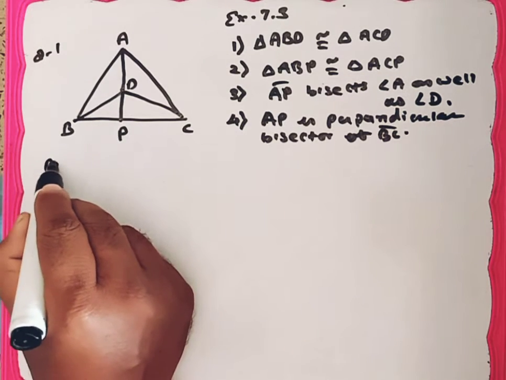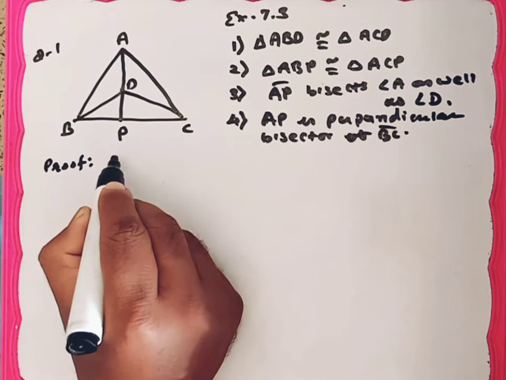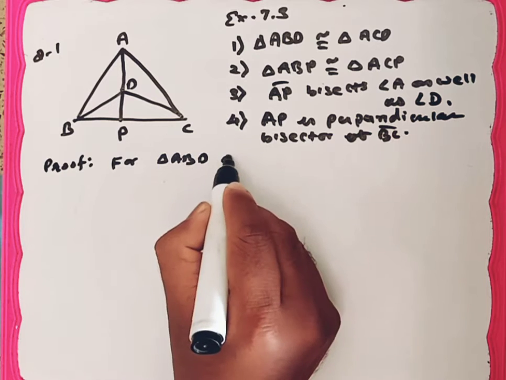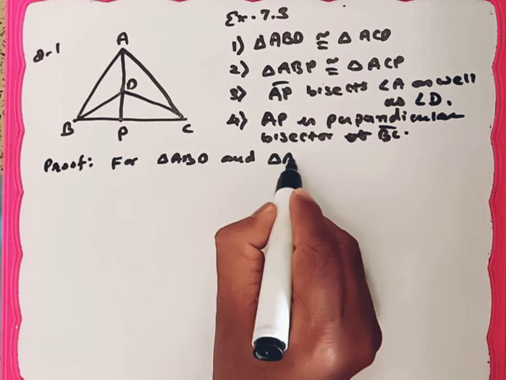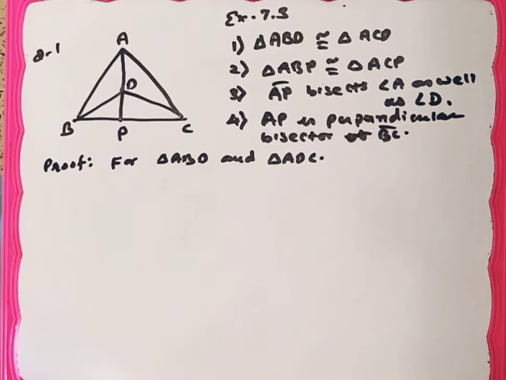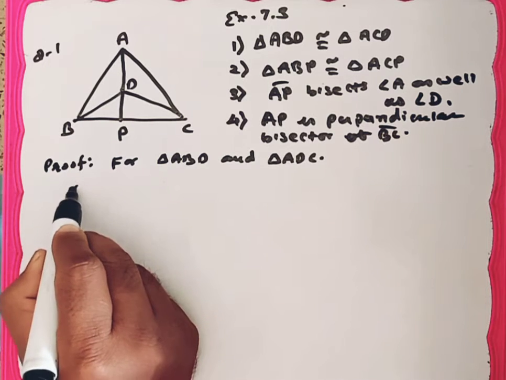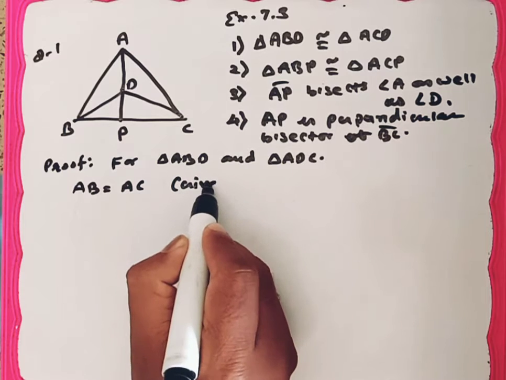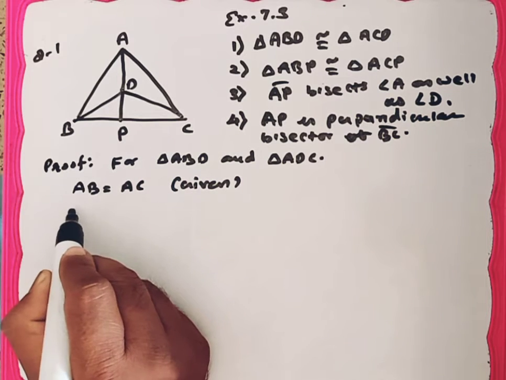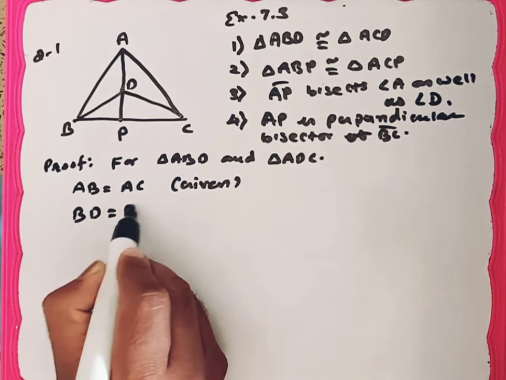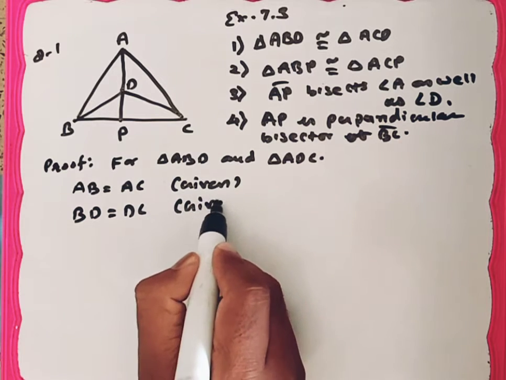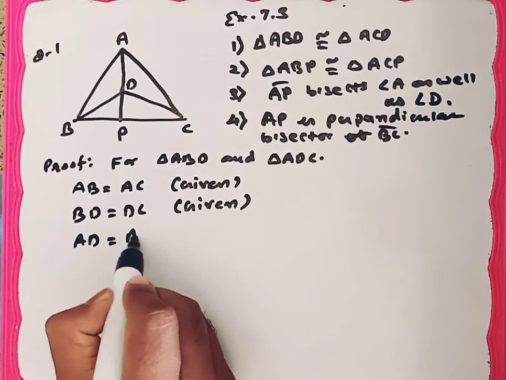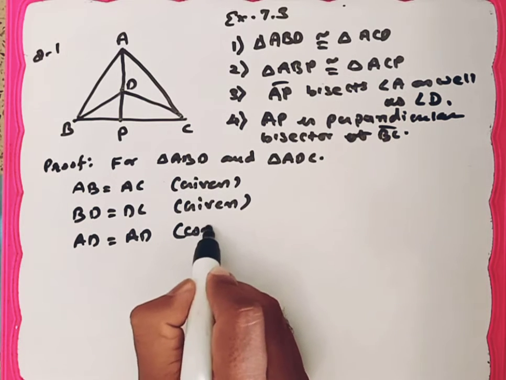So for the proof, we can take triangle ABD and triangle ADC. AB equals AC, it is given as the triangles are isosceles. BD equals DC, also given as the triangle is isosceles, and AD equals AD, common side.